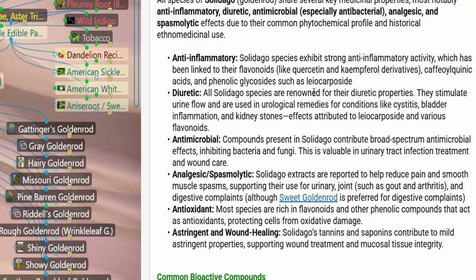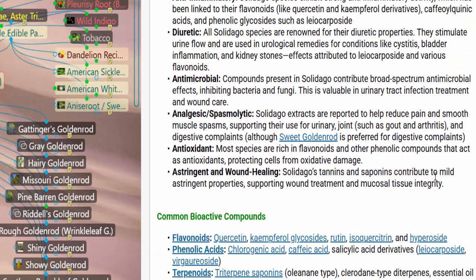And so diuretic, all Solidago species are renowned for their diuretic properties. They stimulate urine flow and are used in urological remedies for conditions like cystitis, bladder inflammation, and kidney stones. And the effects of that are attributed to leiocarposide and various flavonoids.